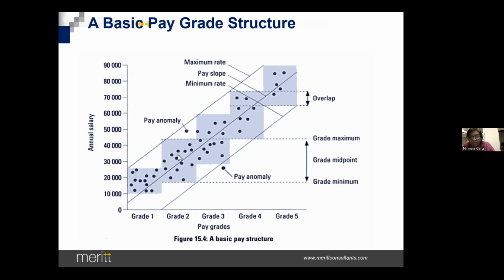If you actually have this spread out far away, that means your market data is not so much dependent on your job points. You yourself can keep changing the data and see. So the fitter, the tighter it is towards the pay line, the better.